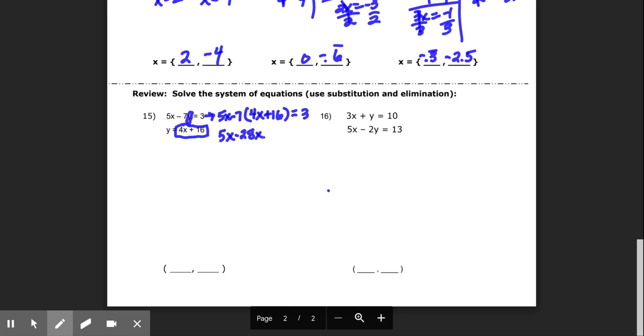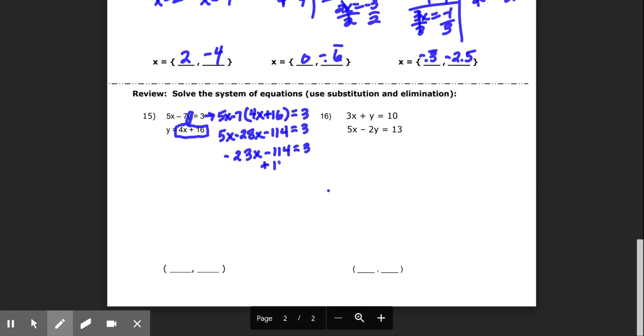And then negative 7 times 16. Let's see, 114 equals 3. And then 5x minus 28x, that'll be negative 23x minus 114 equals 3.